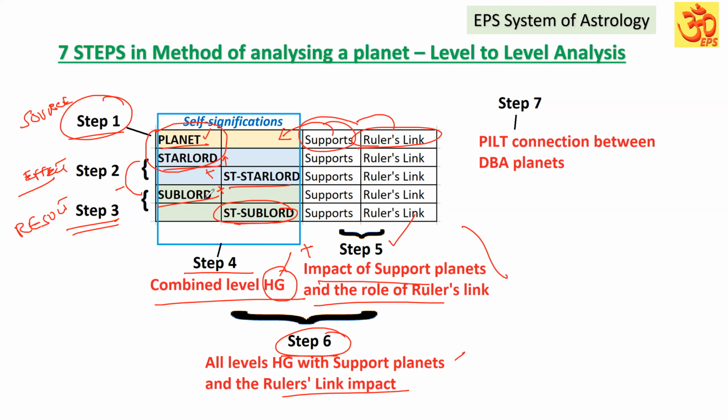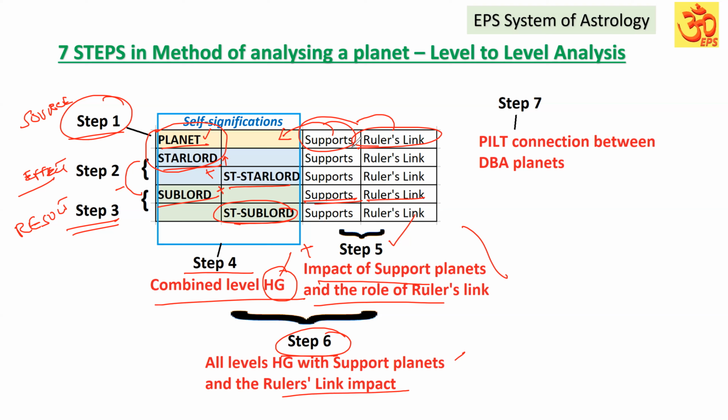As I said, for one planet, suppose the star lord is good, the sublord can have some sort of weakness. It can have some favorable houses, but not to a good extent. It can have some unfavorable houses also. But in the support, if it is having very good favorable key planets, that is also given by the other ruler.